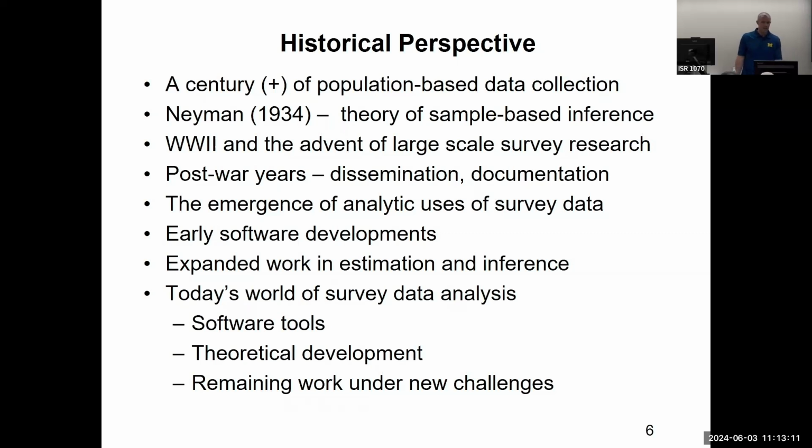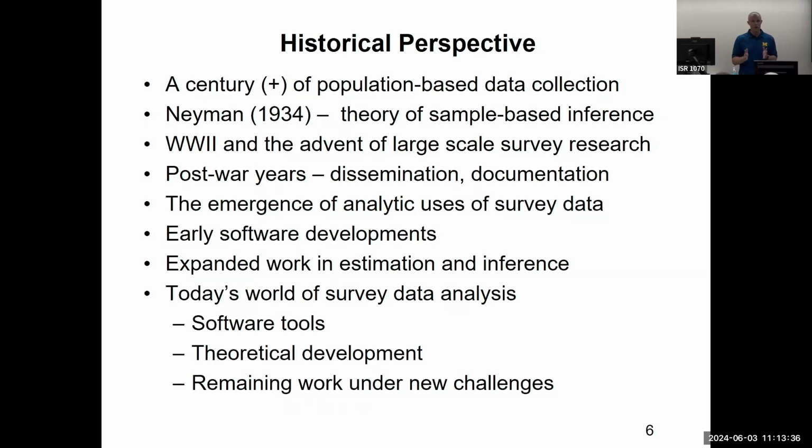This gave rise to the need for software. More and more researchers were talking about making use of survey data. So in the 1960s, 1970s, that's when the first software began to be developed and the mainframe computer first became available for people to use. And that, once the software was available, gave rise to more empirical computer simulations, trying to understand different approaches, different methods, a lot of work in that regard.